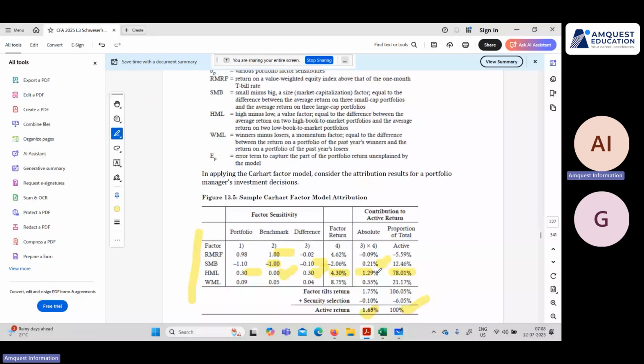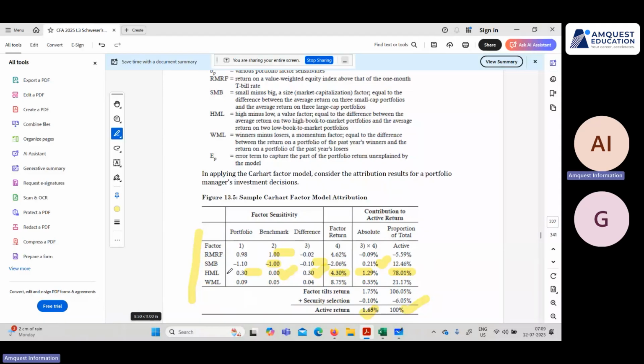Then they can ask you whether the manager's view or call is right or not. The point I'm trying to make is that you understand from this that the portfolio is a value tilt. So if the manager says he has expertise in a growth tilt while the portfolio is a value tilt, the manager's call is all wrong, and whatever he's doing is not in line with his expertise.